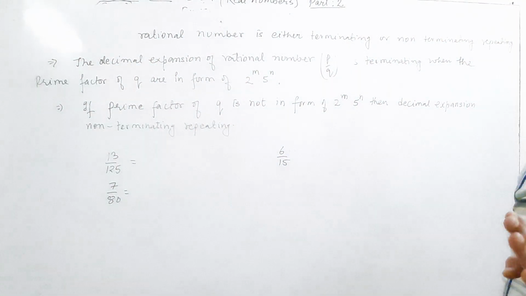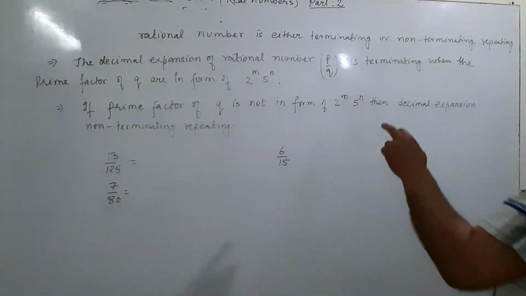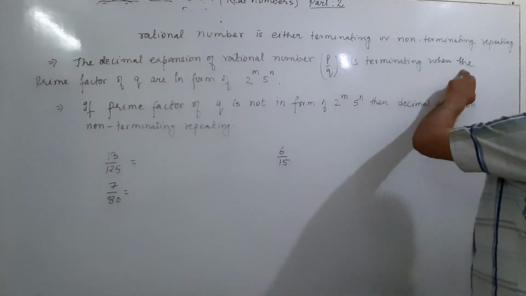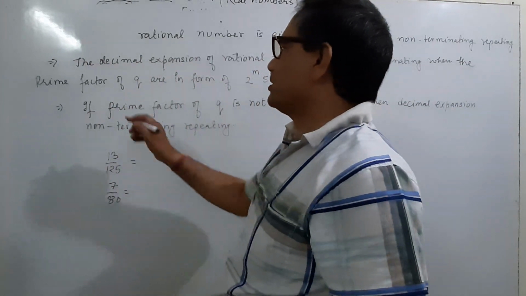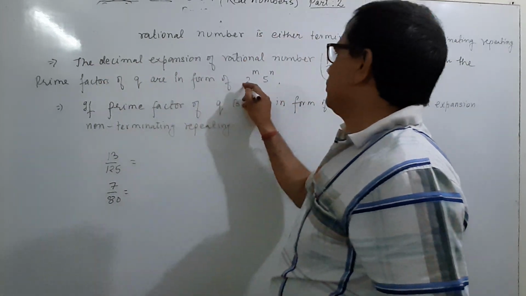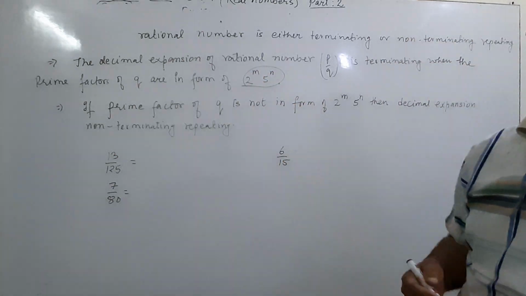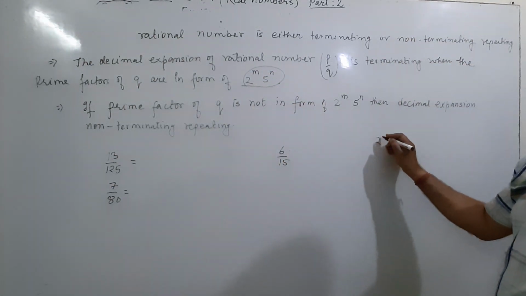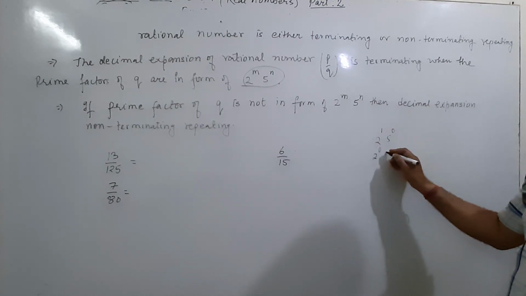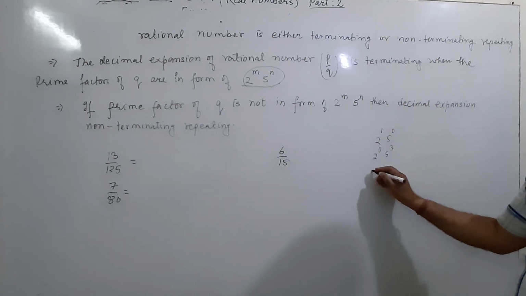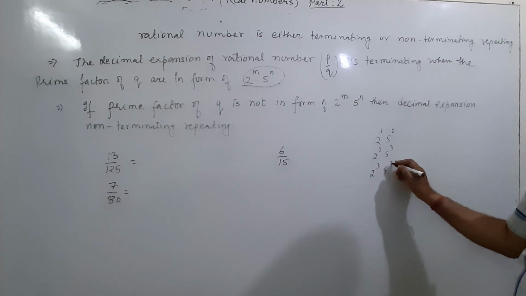The decimal expansion of a rational number P by Q, where P and Q are both integers and Q is not equal to 0, is terminating when the prime factors of Q will be in the form of 2 power m and 5 power n. Means it can be 2 power 1 and 5 power 0, or 2 power 0 and 5 power 3, or 2 power 3 and 5 power 2.